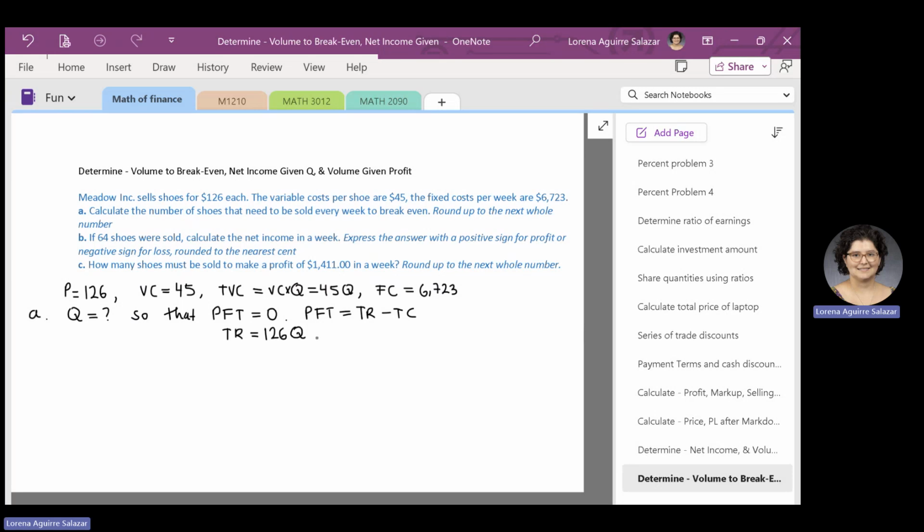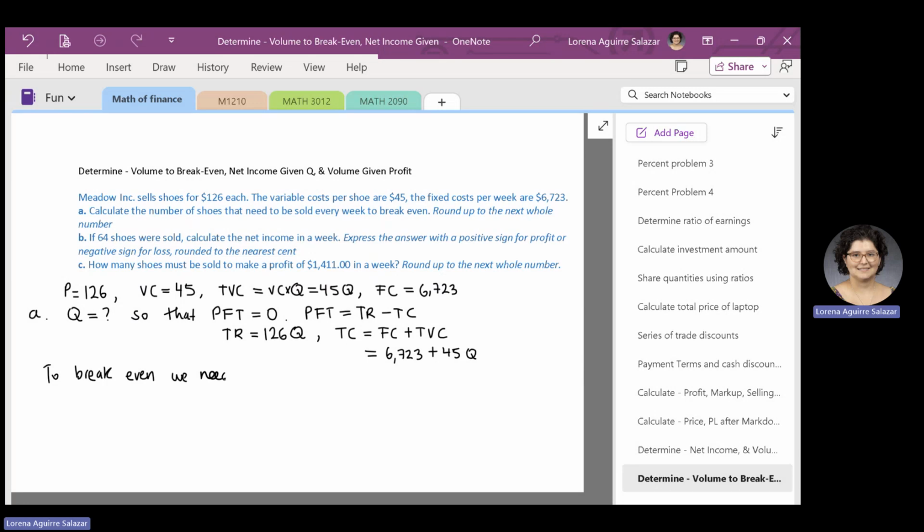Now the total costs come from adding fixed costs and total variable costs. So we're adding $6,723, and the total variable costs are 45 times Q. Now to break even, we need profit to be zero.